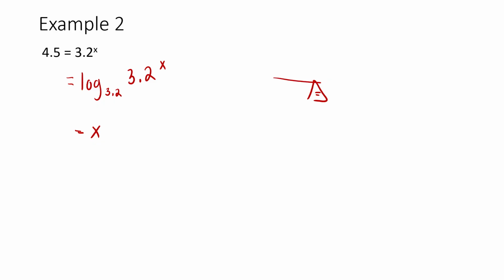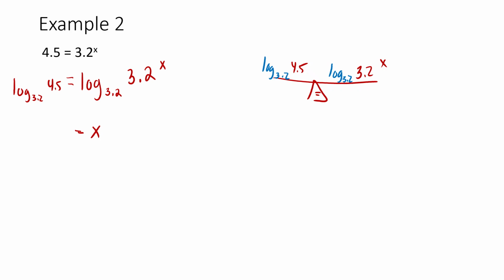So we have this lovely balanced equation here. And so if I take log base 3.2 of the right, I need to make sure I am taking log base 3.2 on the left as well.